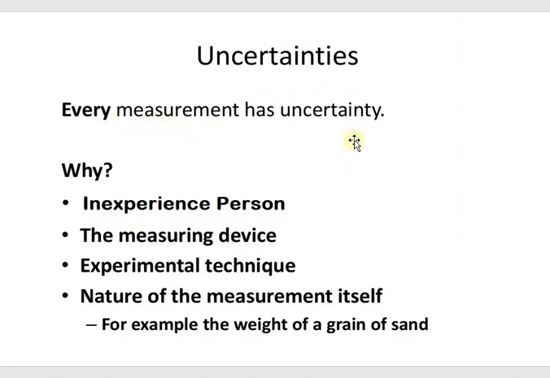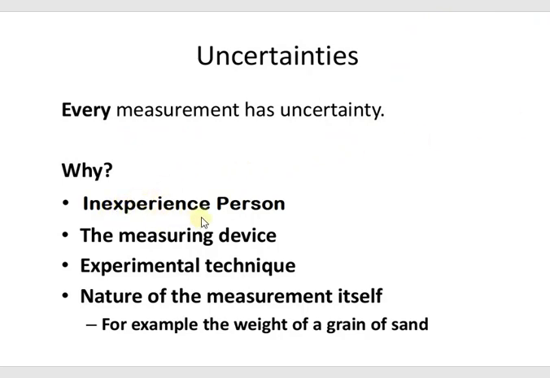Every measurement has uncertainty, and there are three possible ways to write an error. The error may occur due to the following points.